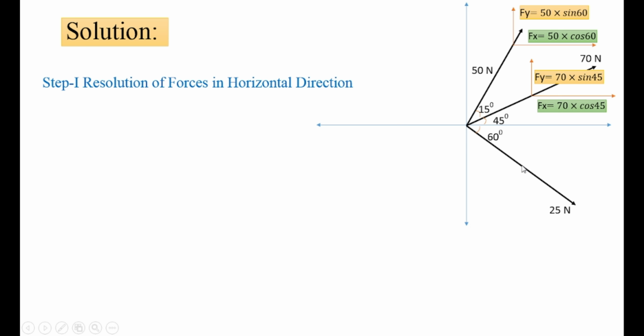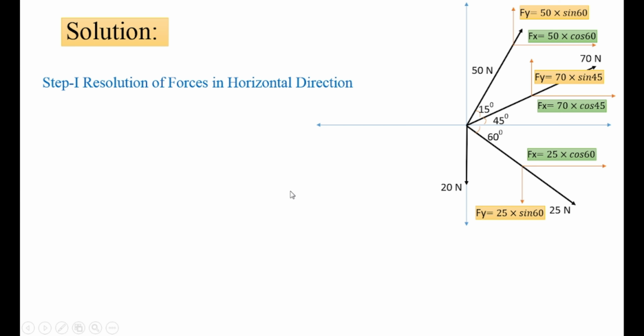Now the horizontal component of this force will point towards the right direction and its value will be F cos theta, that is 25 cos 60, and the vertical component will lie in the downward direction and its value will be 25 sin 60. So in this way, when the angle with the horizontal is known, we can directly write the Fx value is equal to F cos theta and the Fy value will be F sin theta. And this is the last, vertical force, 20 Newton.